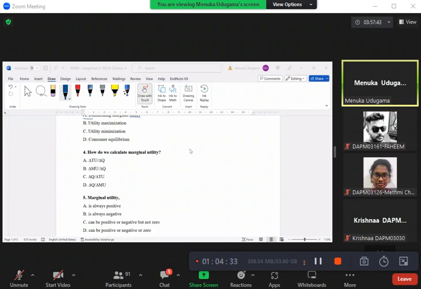So how do we calculate marginal utility? So you have total utility, and if we have Q on this side, we saw that the total utility function increases, comes to a maximum and decreases. And we could also plot the marginal utility. What was marginal utility? Marginal utility is the additional utility you get if you increase quantity by 1 unit.